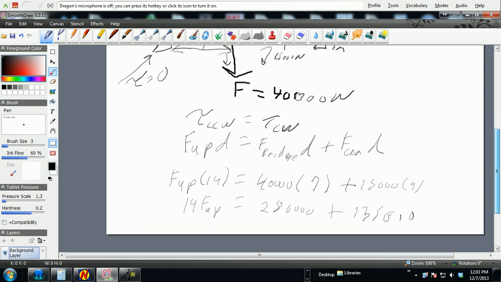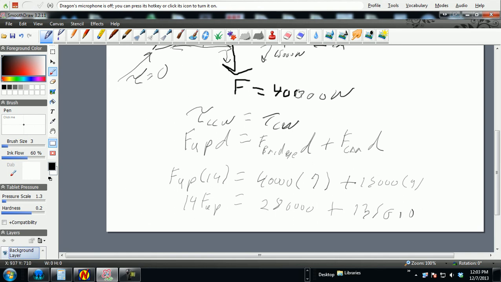Okay. So now let's do some math real quick. That gives me 14 F up equals 280,000 plus 135,000, which is 415,000, divided by 14.